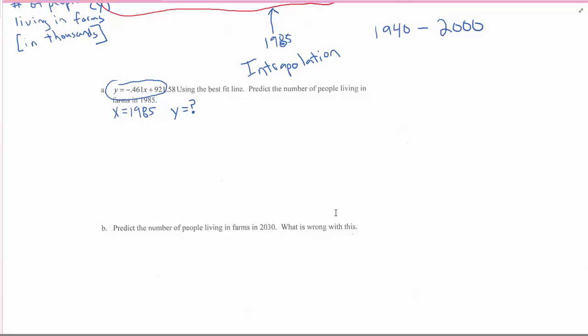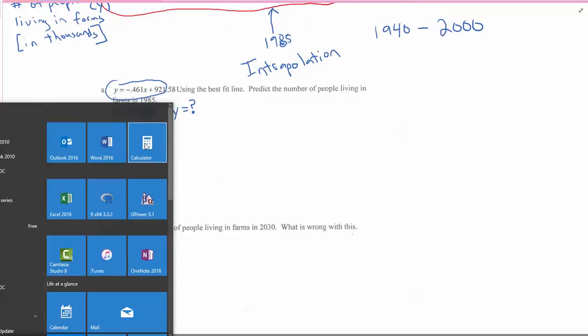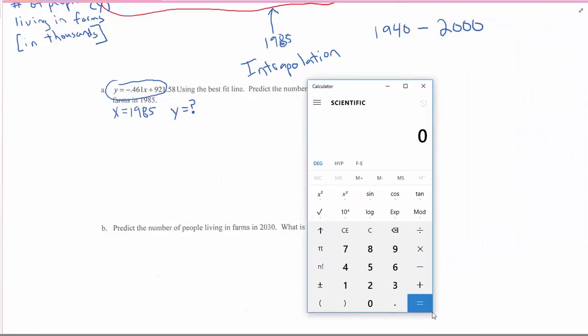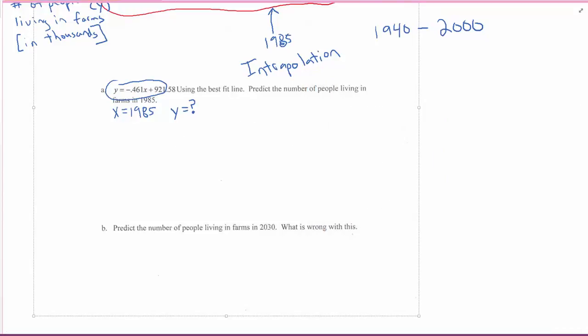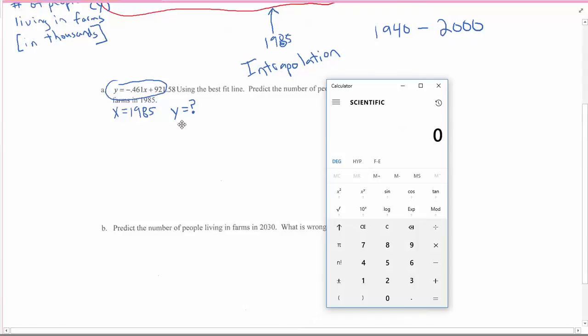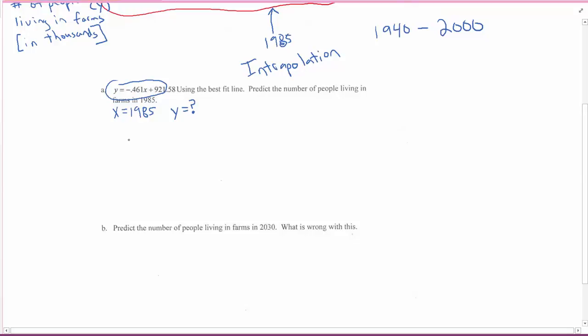Let me pull up a calculator here. So we want to solve this: y equals negative 0.461x plus 921.58.